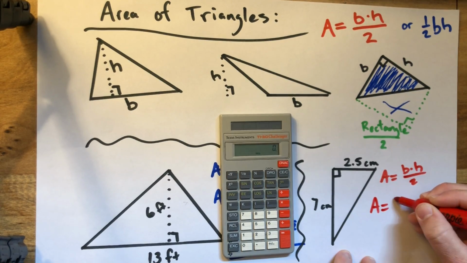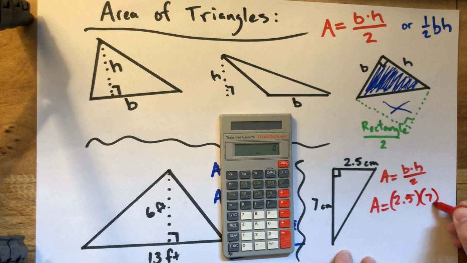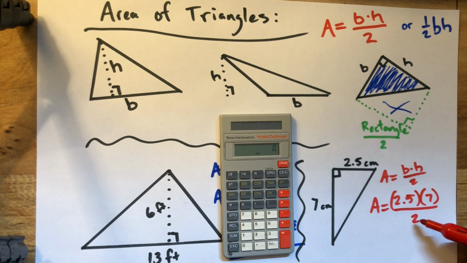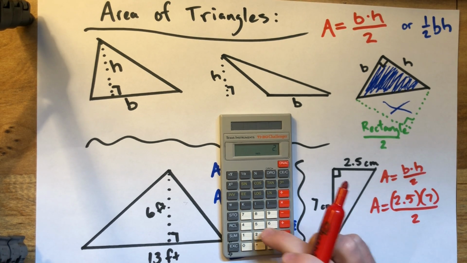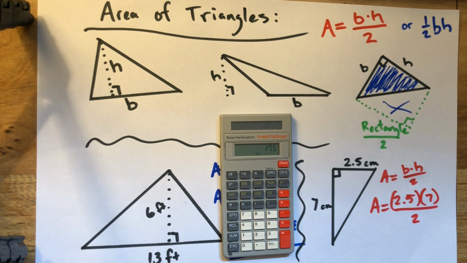Area equals 2.5 times 7 divided by 2. You could divide 7 by 2 and get 3.5 and then multiply by 2.5, but it's probably just easiest to multiply the top and then divide by 2. So 2.5 times 7 is 17.5, and then divided by 2 is 8.75.